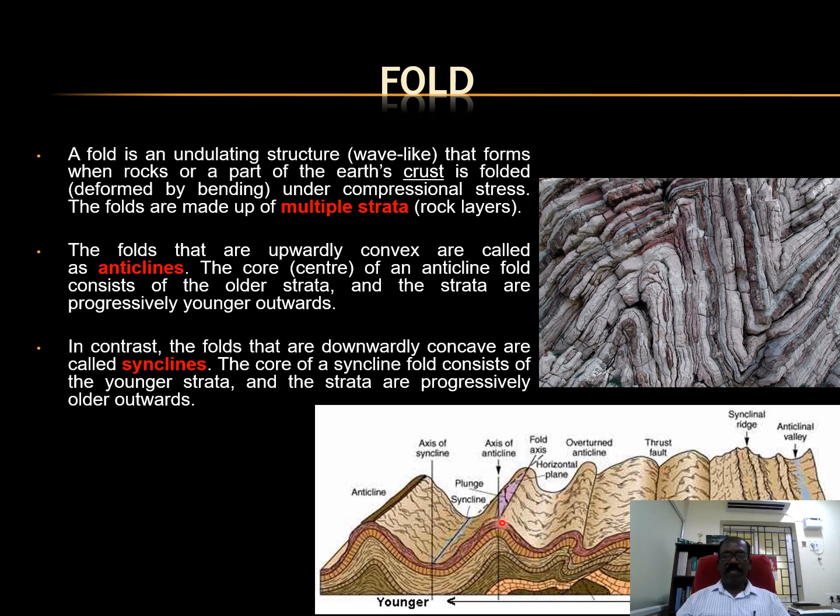In Tamil we can say it's known as Mugadu, the sharp edge of the hill. So this is the anticline fold. This is the syncline fold, sinking. So this is a concave slope. This is a convex slope, a convex kind of slope or folding.